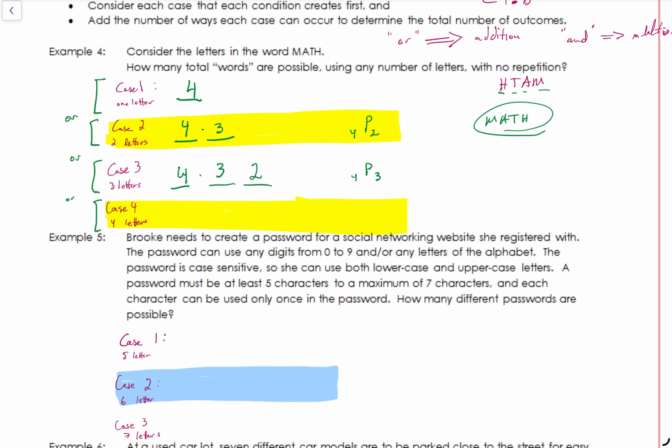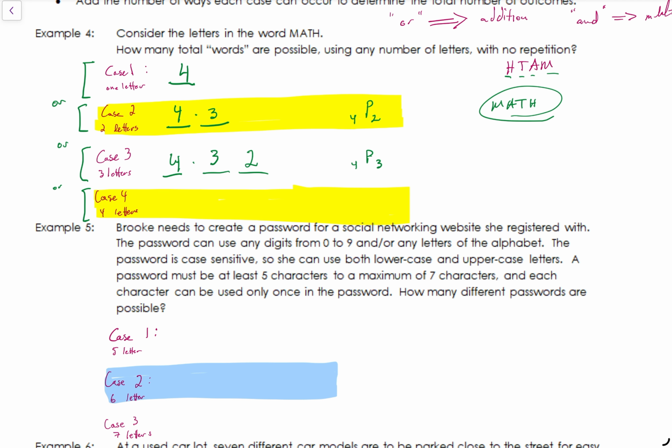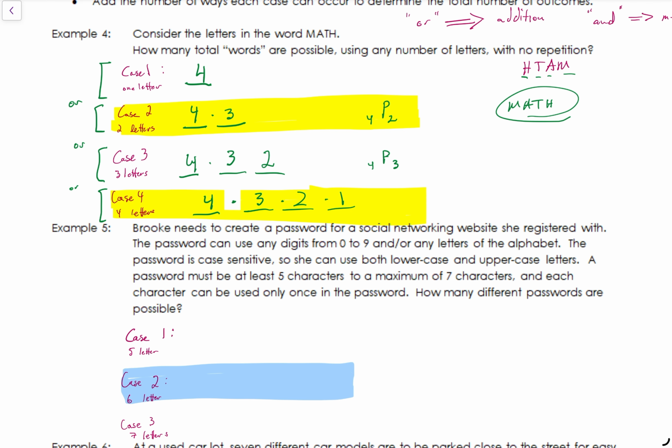So from 4 elements, I'm going to pick the order of 3 of them. Now, the case of 4 letters: I have 4 choices for my first letter, 3 for my second letter, 2 choices for my third letter and 1 for the last.